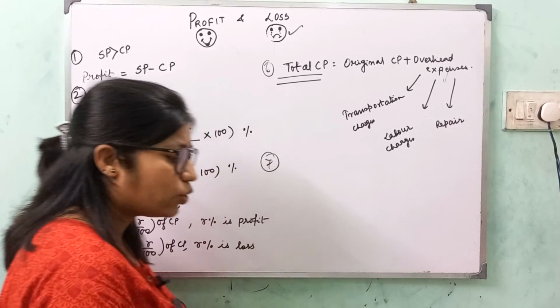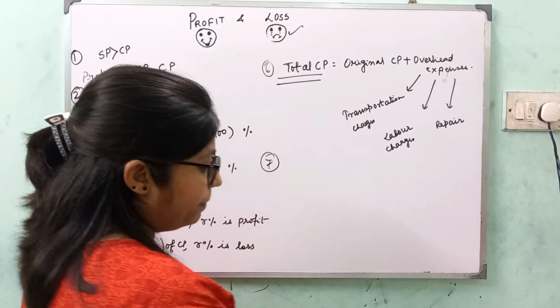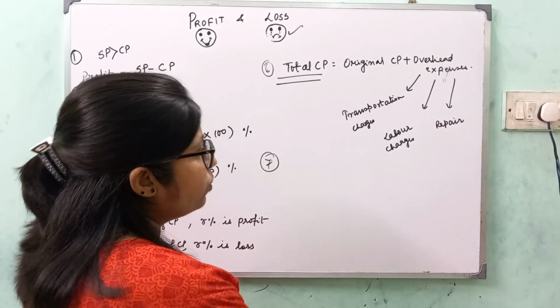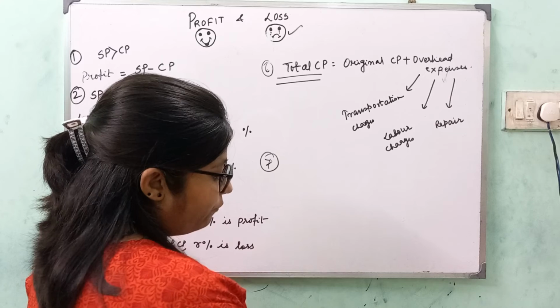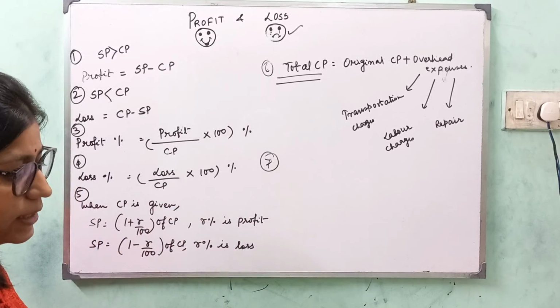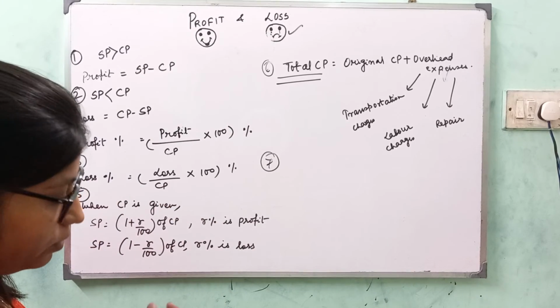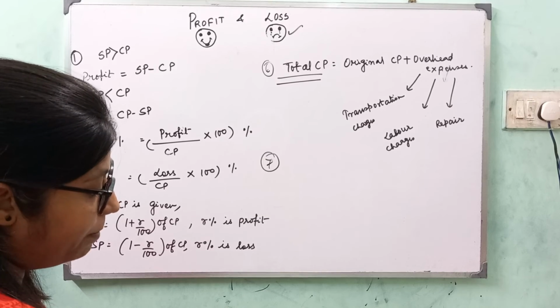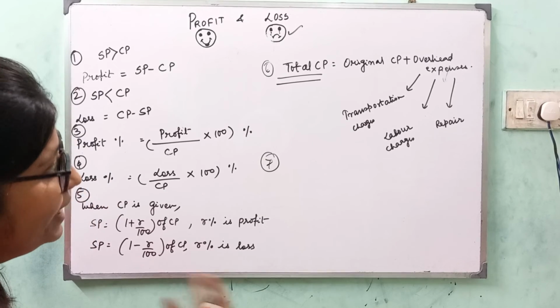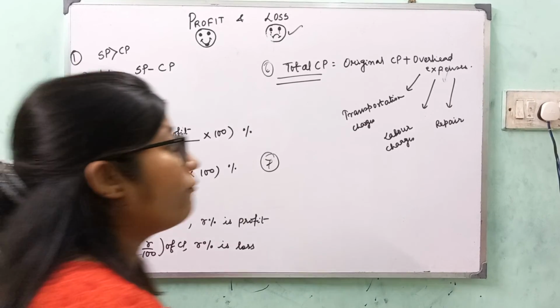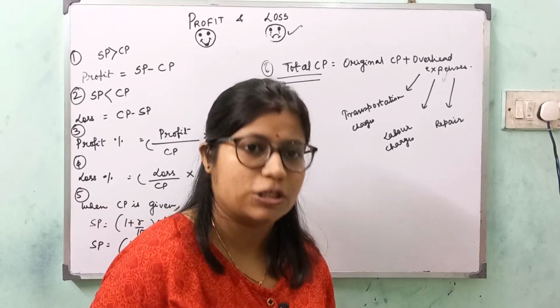So I am repeating it once again: in order to calculate your loss or profit, please make sure the SP and the CP are given for the same number of articles. Only then can we calculate the profit percentage, loss, or loss percentage.